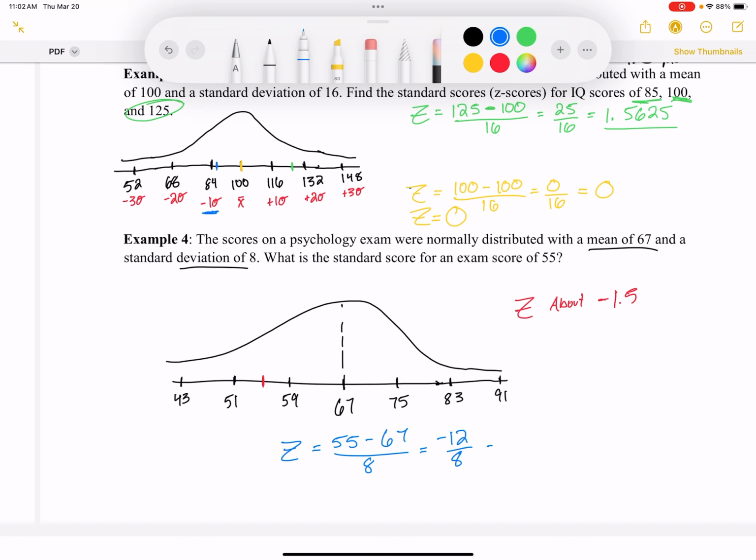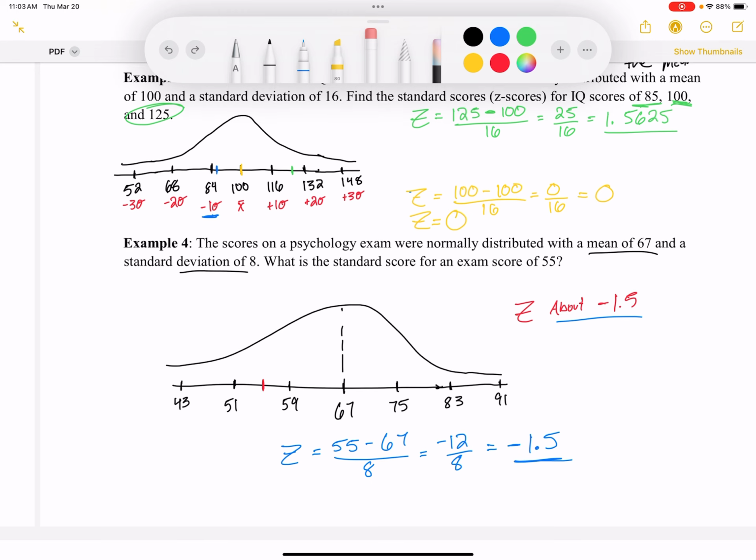And that's what I get, man. Right on the money. Negative 1.5. Most of the time it's not going to work out so perfectly. When I look at it and say, that's what it is, I got to do the computation because I didn't have confidence that was the answer. But then I got my work and I see, yes, that is the answer.